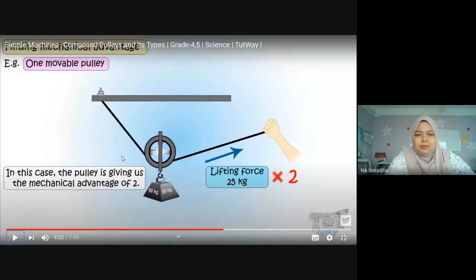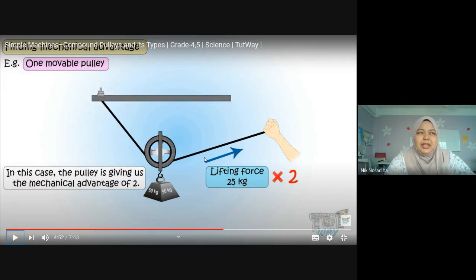Because just now for the fixed pulley, if you want to lift a 50 kilogram load, you have to apply a force of 50 kilograms as well. But now for the movable pulley, you just have to apply a force of 25 kilograms. It means you don't have to pull as hard as when you pull in the fixed pulley.